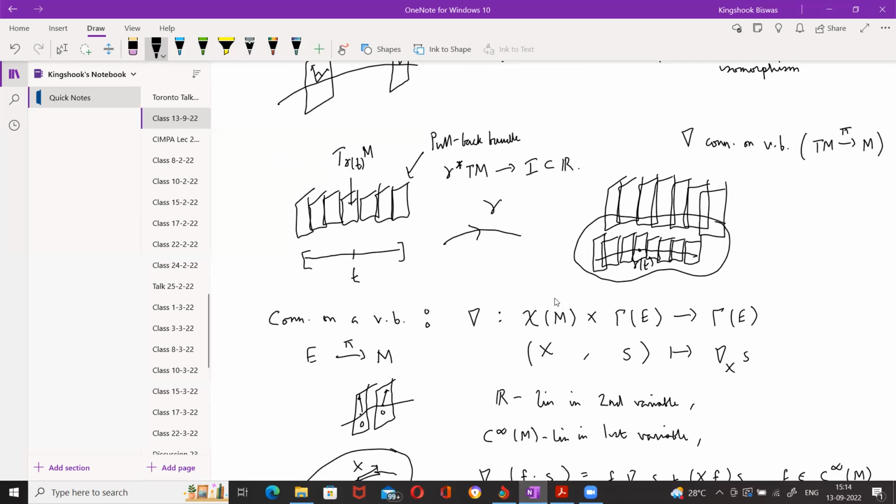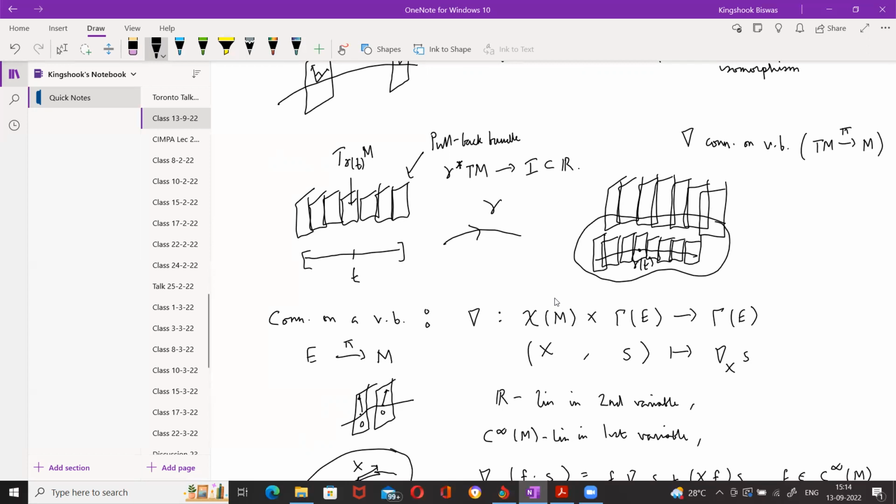That is the connection on the pullback bundle. So the covariant derivative is really the pullback connection on the pullback bundle.